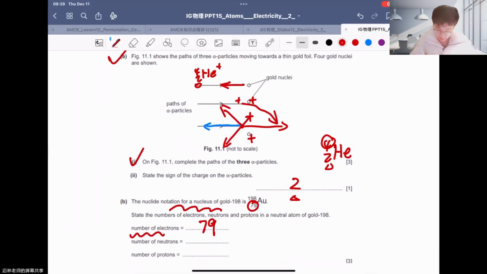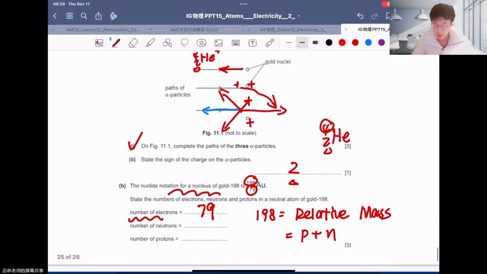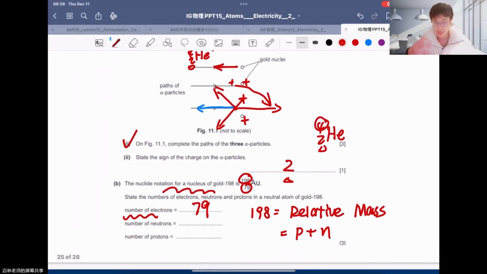And for the neutron number, using the 198, it means the total relative mass, right? So it means the proton number added with the neutron number, because each proton and each neutron takes one relative mass. So if the total is 198, that means the numbers together make 198.